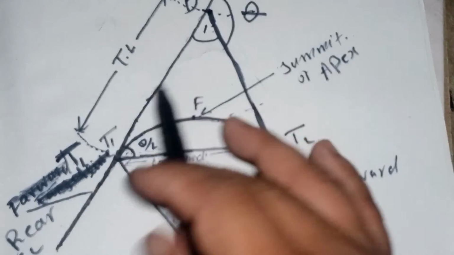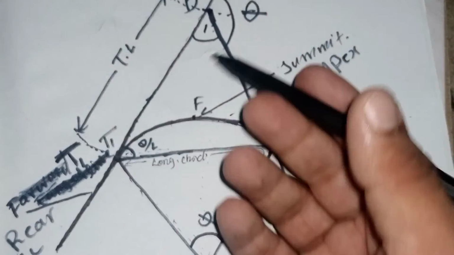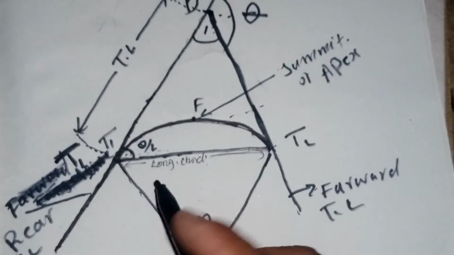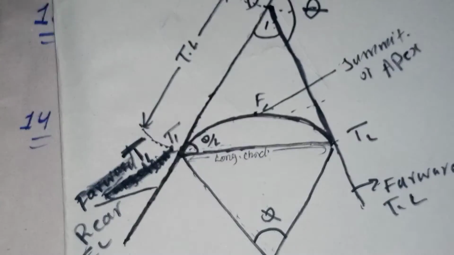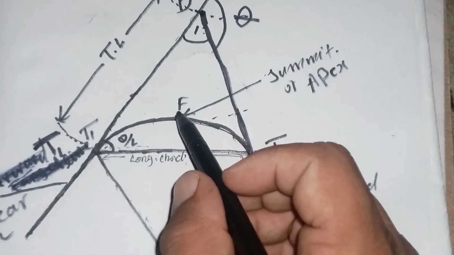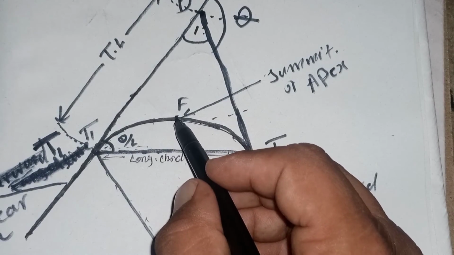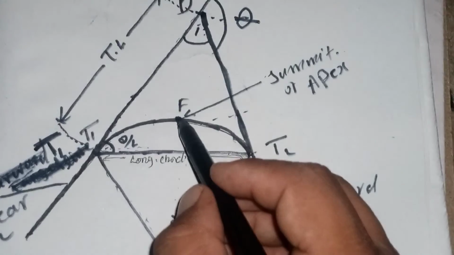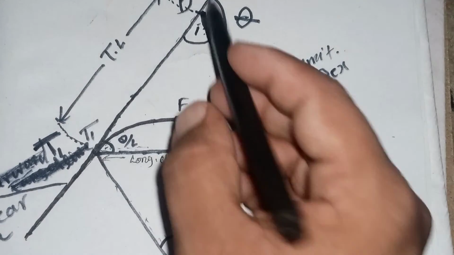I have left this writing out so you won't be confused by the further symbols. So we can see simply that the distance from this point to this point is called the apex distance, because this is the apex point and this is the intersection point.